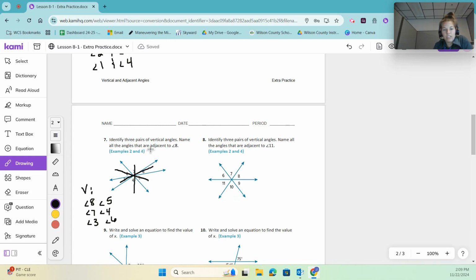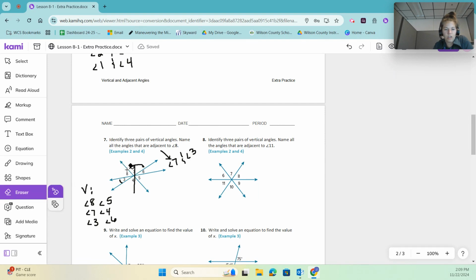The angles adjacent to angle 8 are right here. It shares a line with 7 and 3. It is next to angle 7 and angle 3. I'll erase all my crazy lines so you can see those. Angle 7 and angle 3, where those other two lines are, are next to angle 8. You can try this one on your own.